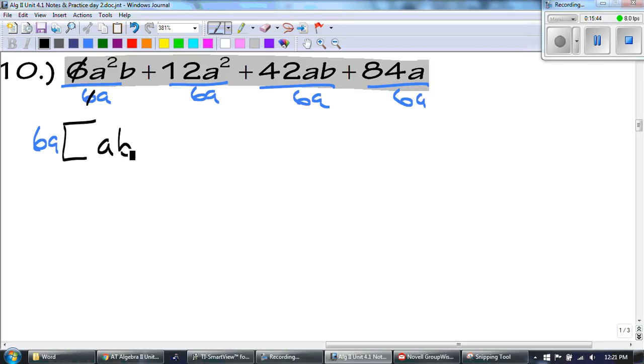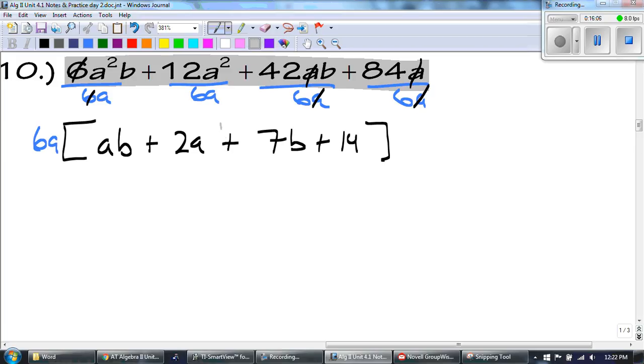We're left with AB plus 12 divided by 6 is 2a plus 42 divided by 6 is 7b because the a's cancel. And 84 divided by 6 is 14 and the a's cancel.